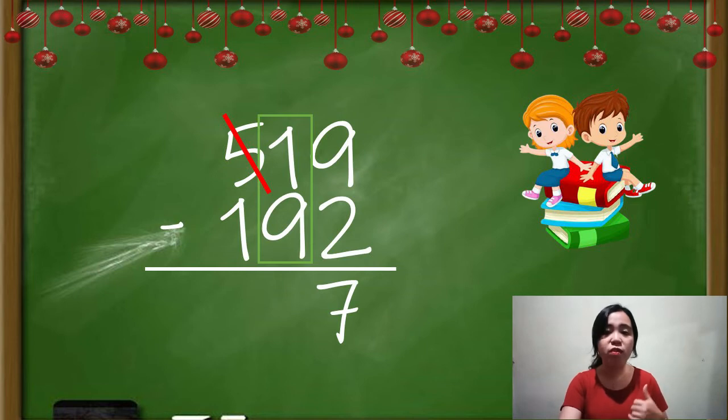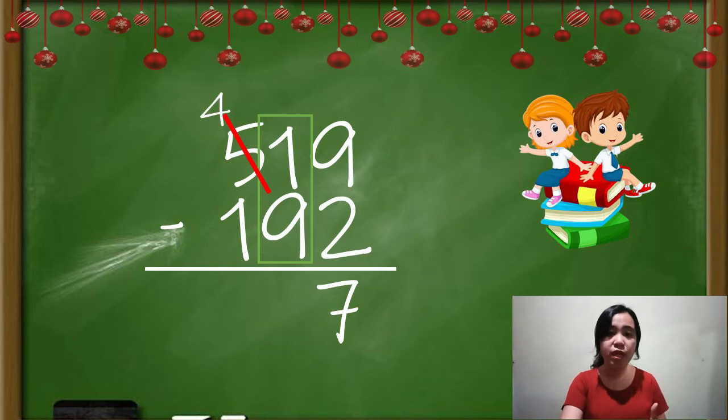So therefore, 5 will become 4. So we will put 4 on the top left side of the number 5 and put 1 on the top left side of the tens value 1.